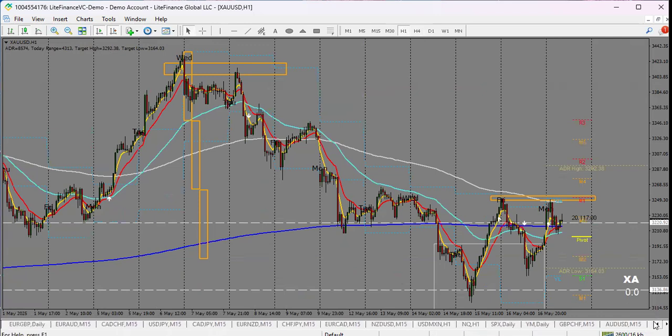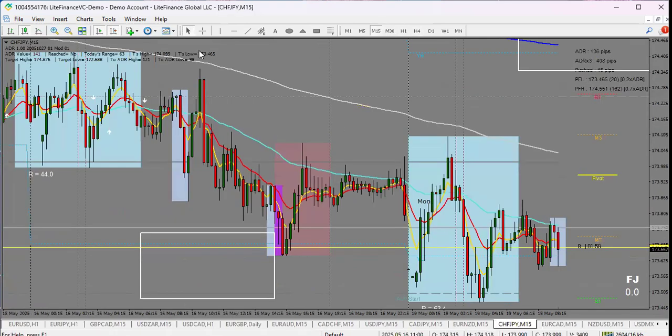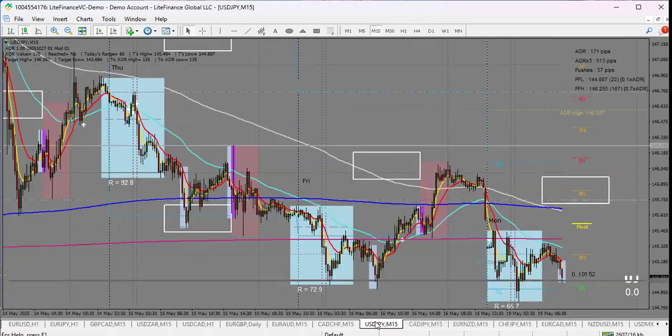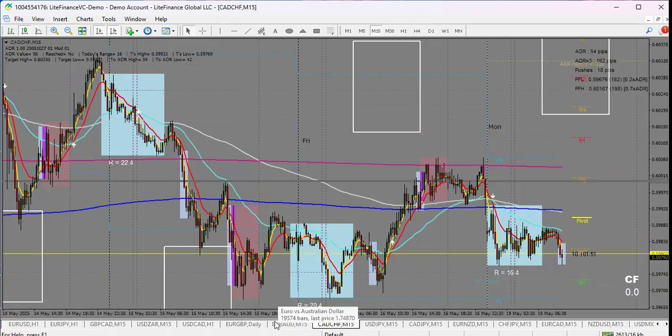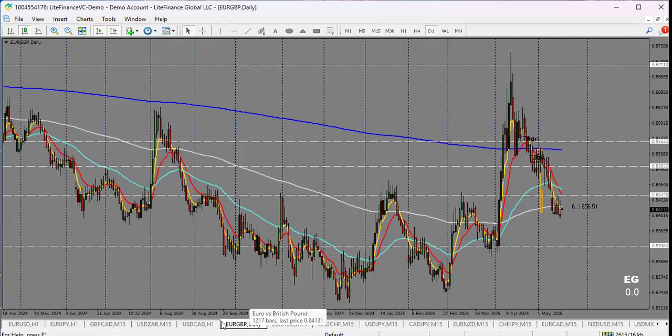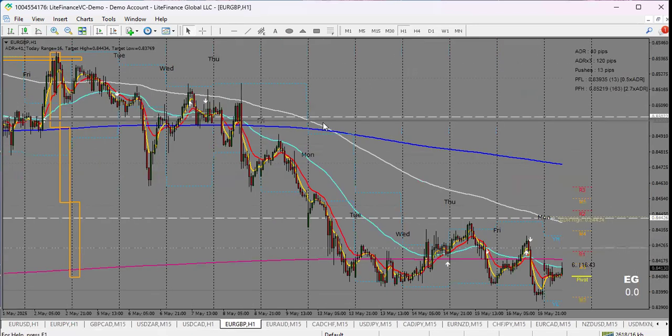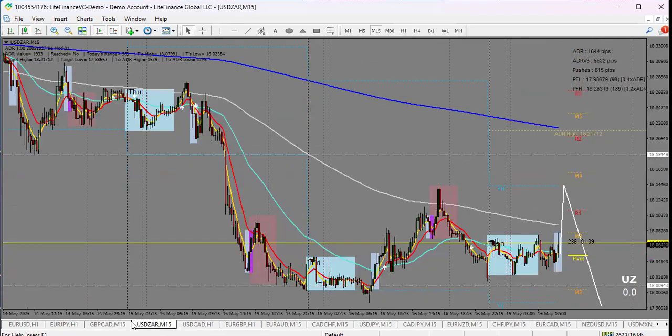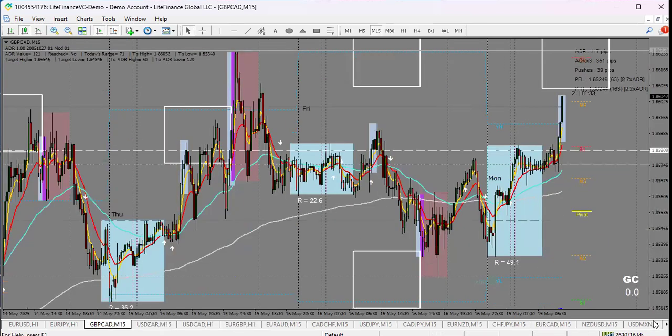So the market last week had movements early. So just after the Asian session has opened, the market forms a pattern and has a move. So on the late New York session also, we have been observing some moves on this market.